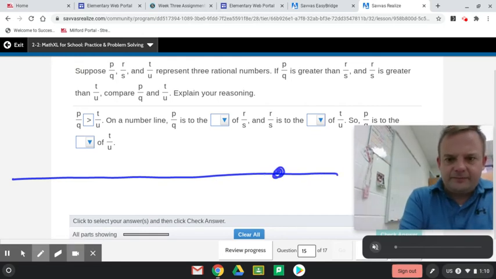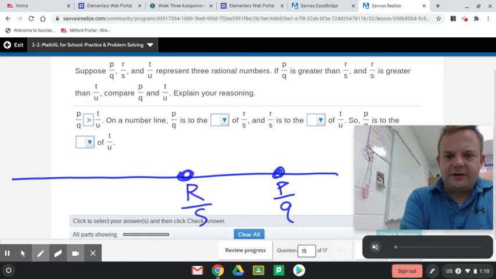P over Q is here. It's greater than R over S. R over S is here. And this is T over U, okay?